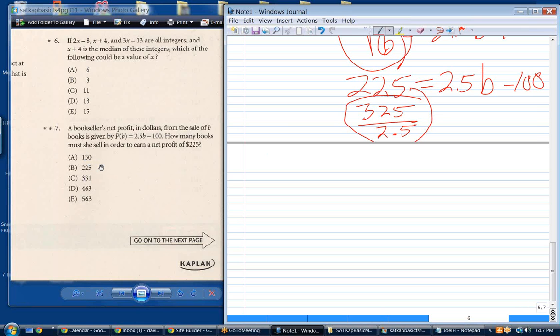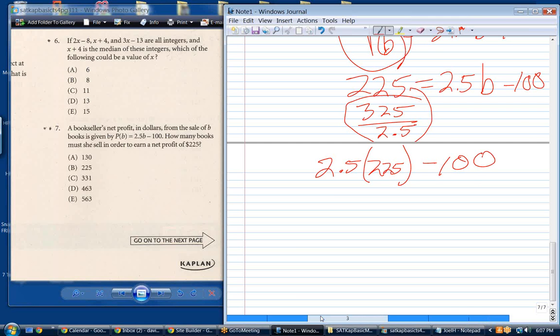Okay, now tell me how you would do it back solving. Where would you start? Take 225 and plug it in there. What's that number equal to?